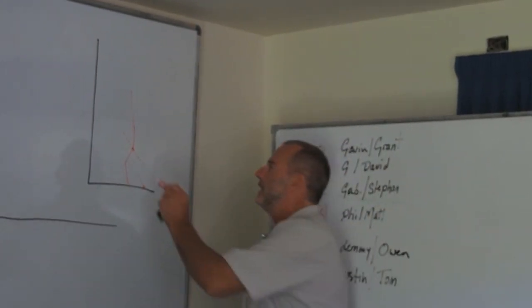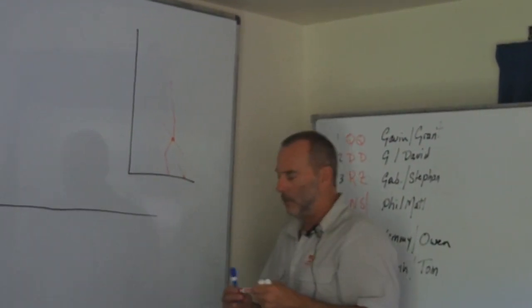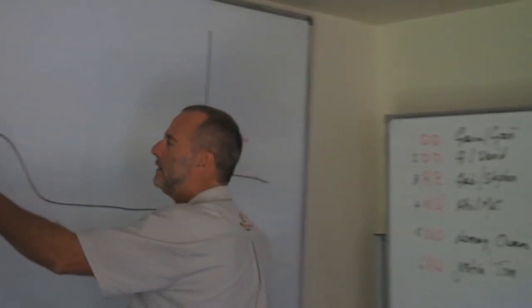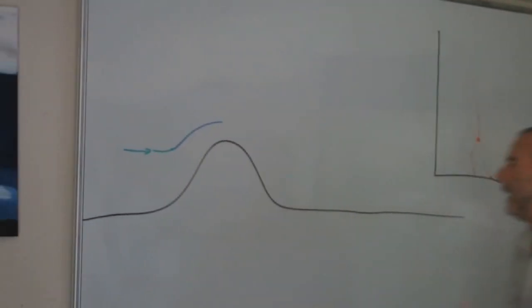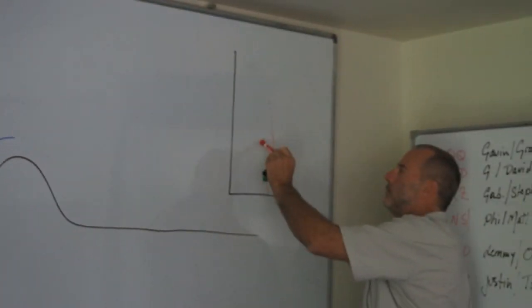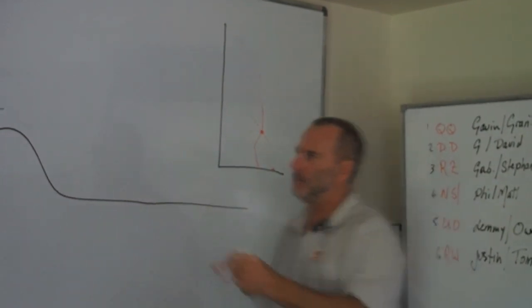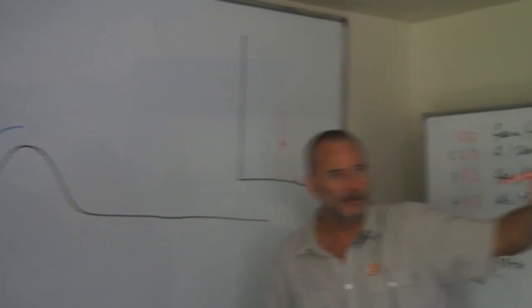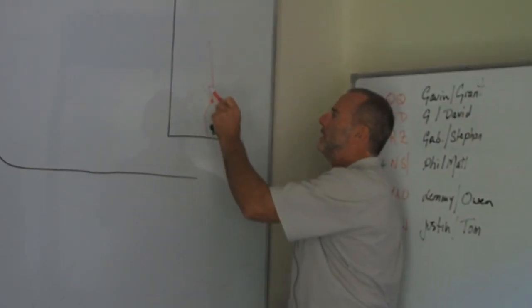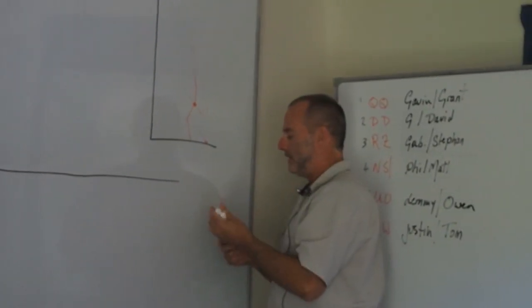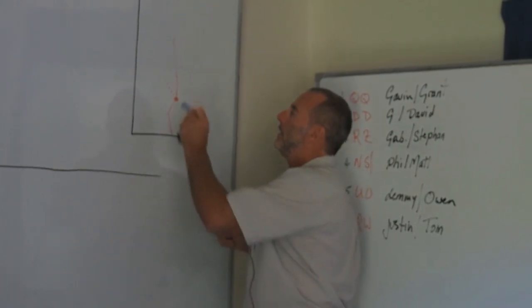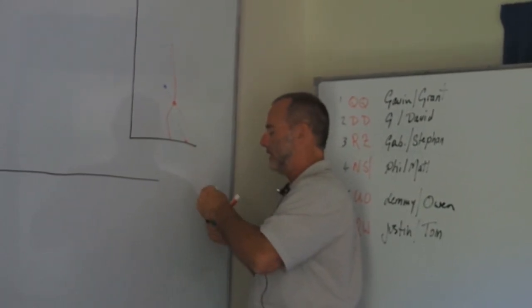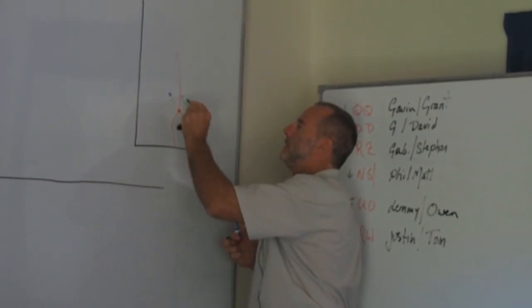So what we've done here, we've taken this piece of air and we've lifted it, and therefore we have cooled it. And the difference between the air temperature here and the temperature of the air off the mountain is the difference between this point here and the air off the mountain.